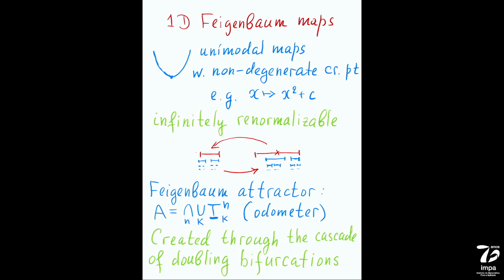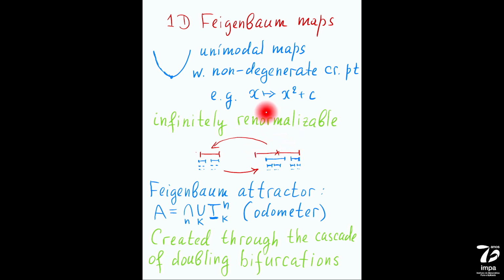Let us start from the beginning, from the one-dimensional model. It is one-dimensional Feigenbaum maps, which means unimodal maps: one critical point. We assume that the critical point is not degenerate, at least mostly for this talk, and that the map is infinitely renormalizable. For instance, in the doubling case, we have two intervals which are permuted by the dynamics.